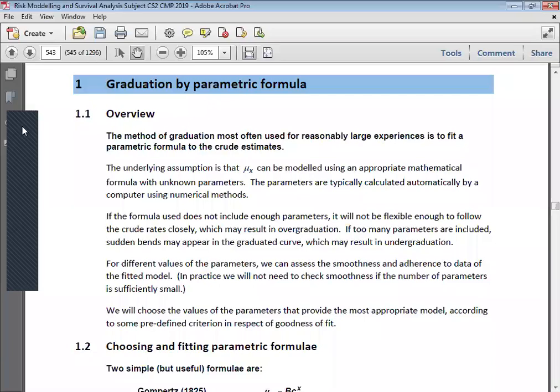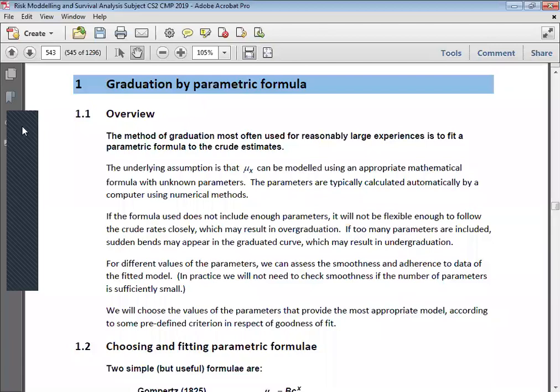Just to revise, when I'm talking about undergraduation, what I might do is strictly adhere to the crude rates, but I will get a rough graph. It will not be as smooth as I would want it to be. There will be sudden bends, and it will just be rough in nature. That would be the case of undergraduation.